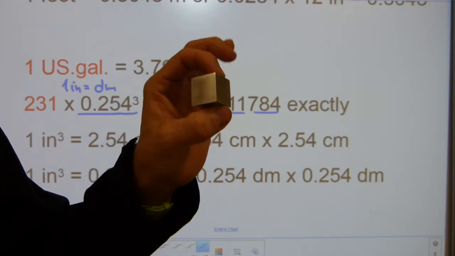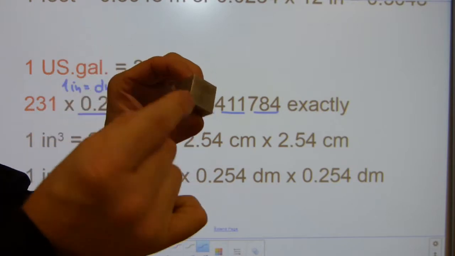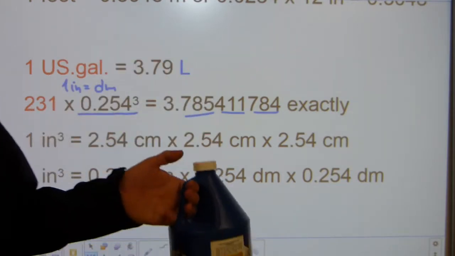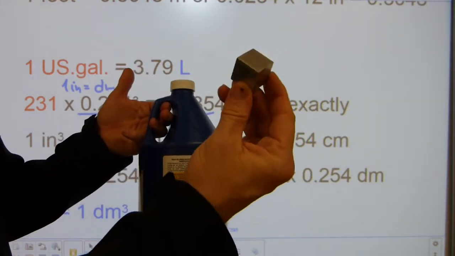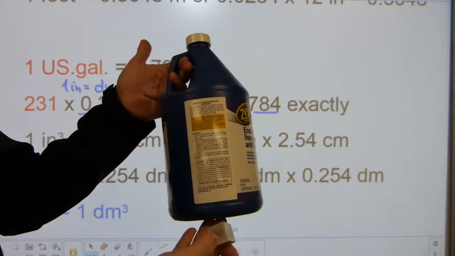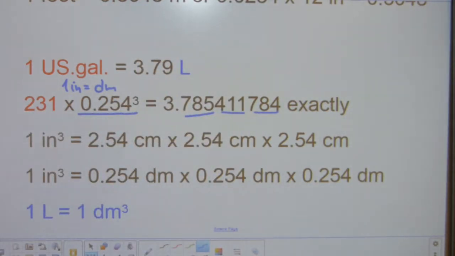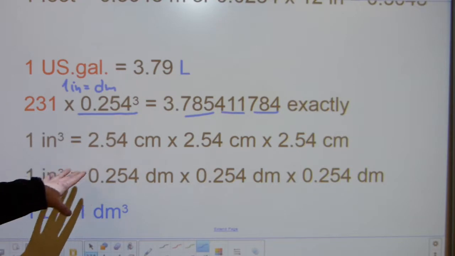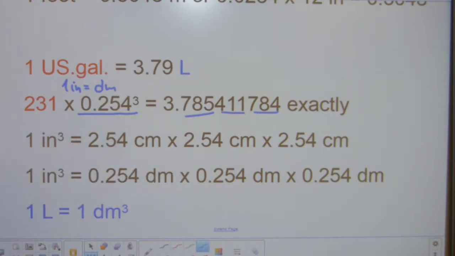It's a cubic inch of space, which is 1 inch by 1 inch by 1 inch empty space. So by the internal logic of the US Customary system, 231 cubic inches of space make up 1 US gallon of space for liquid capacity. So that's where the 231 comes from. And right here, it's just the cubic inch expressed in decimeters. That's all there is to it.